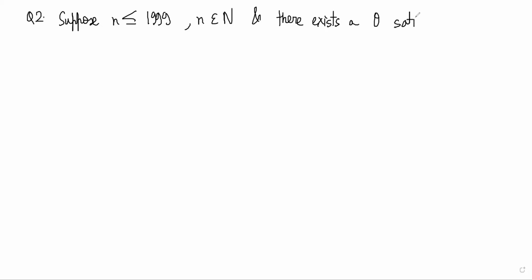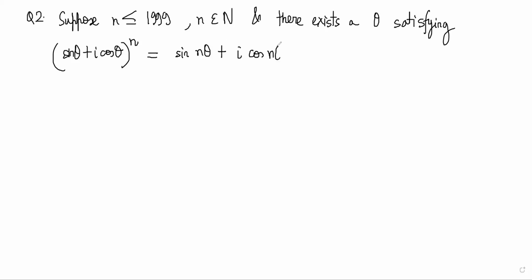Suppose n is less than or equal to 1999 with n belonging to natural numbers, and there exists a theta satisfying (sine theta plus I cos theta) whole power n is equal to sine of n theta plus I cos of n theta.